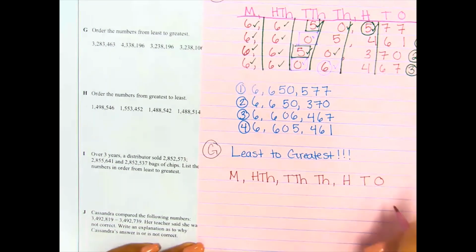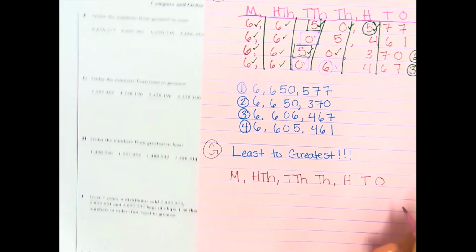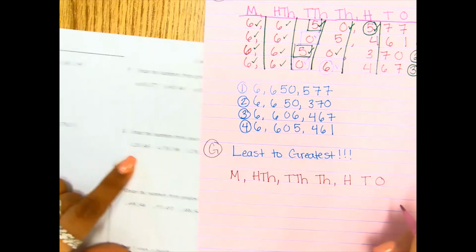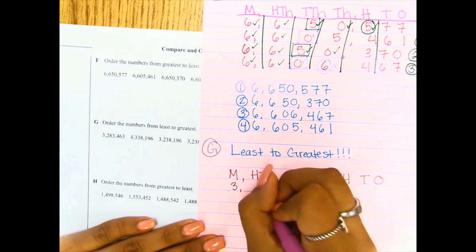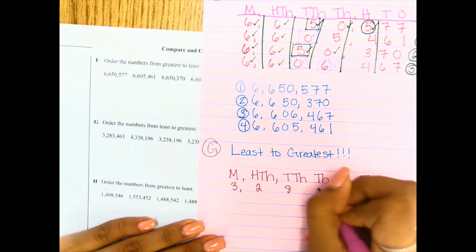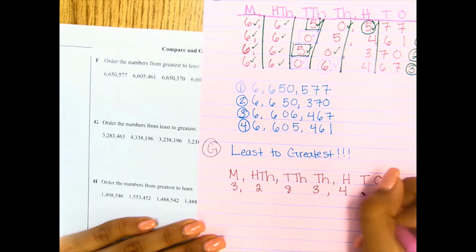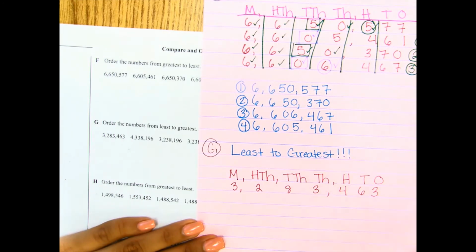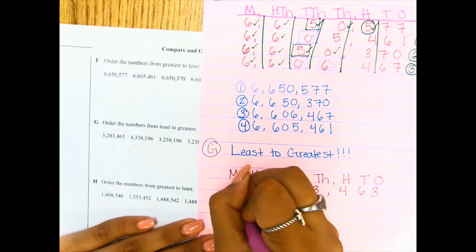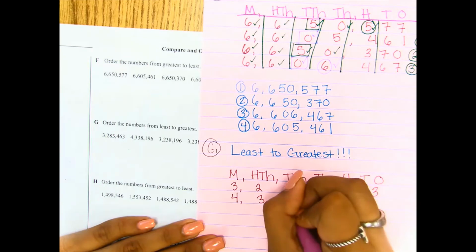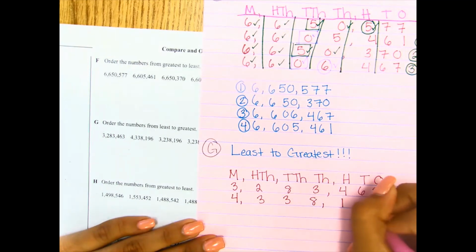And like I did with letter F, sorry, I'm going to write down my numbers the way I see them. So here I have 3,283,463. My next one says it's 4,338,196.